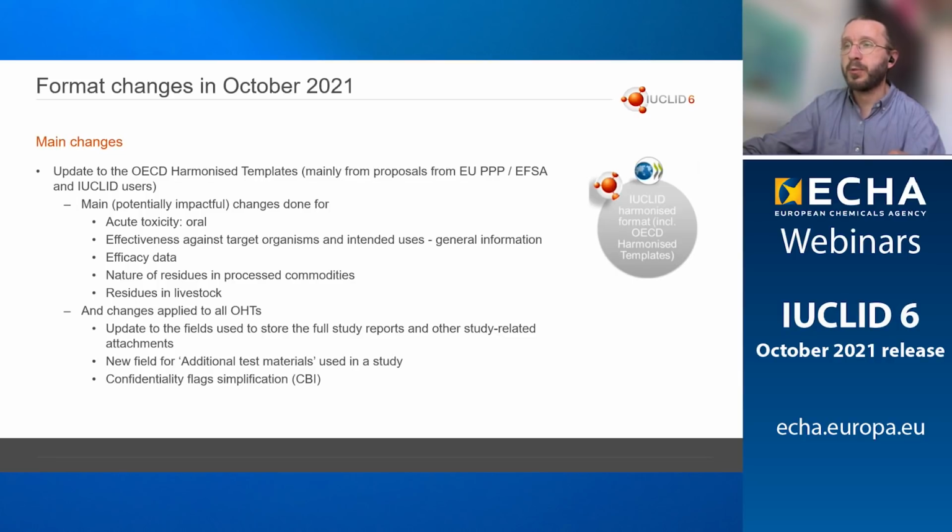This is used, for example, when a study is performed over a long time and the test materials can differ during the duration of the study. So there is now a possibility in Euclid to report this information in more detail. And finally, we have also simplified the confidentiality flags, which are used to tag the confidential information in Euclid only.